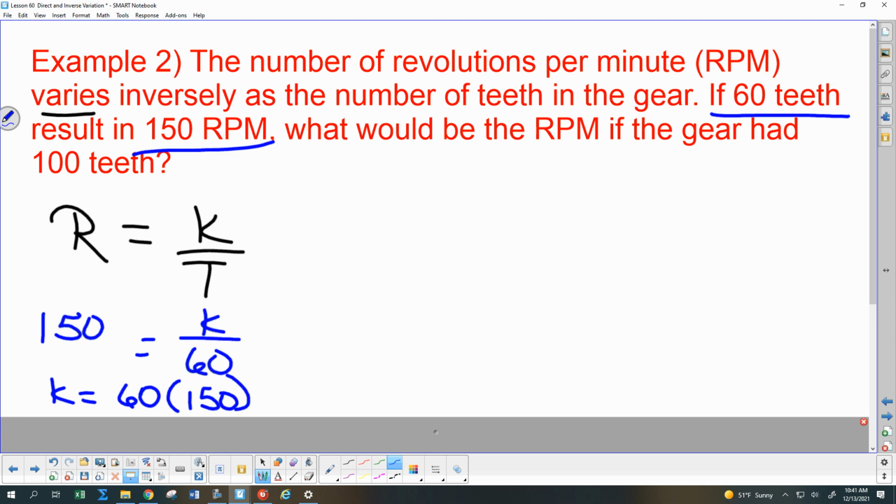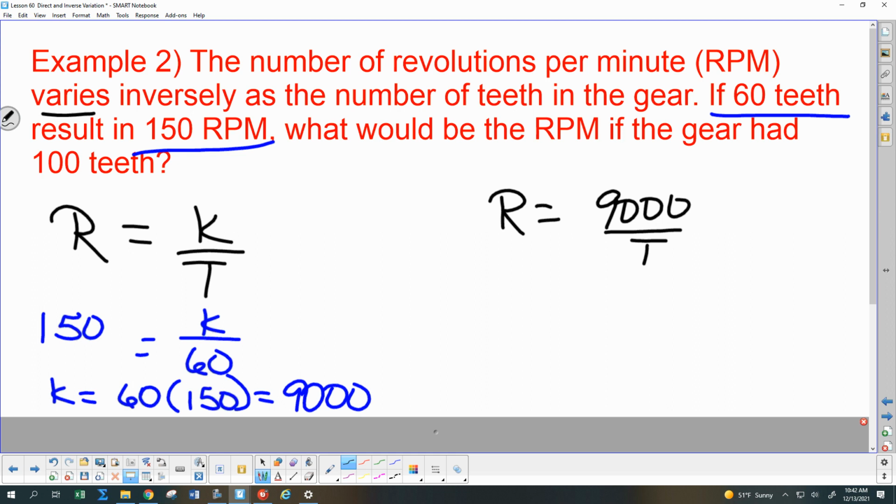Help me out here with the multiplying. What is K going to be for this particular problem? 9,000. So now we know our formula is really R equals 9,000 over T for anything else going on with this kind of problem.